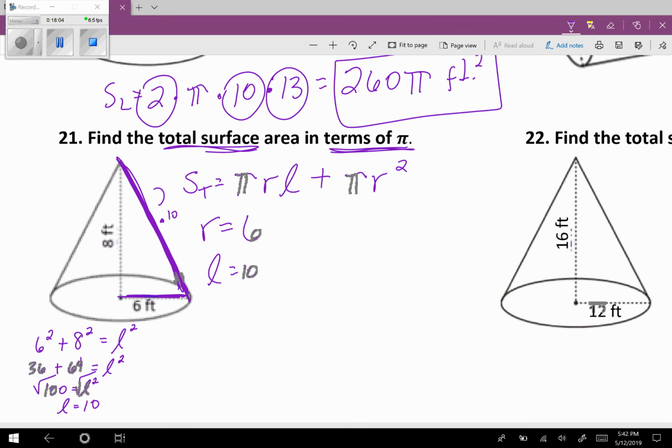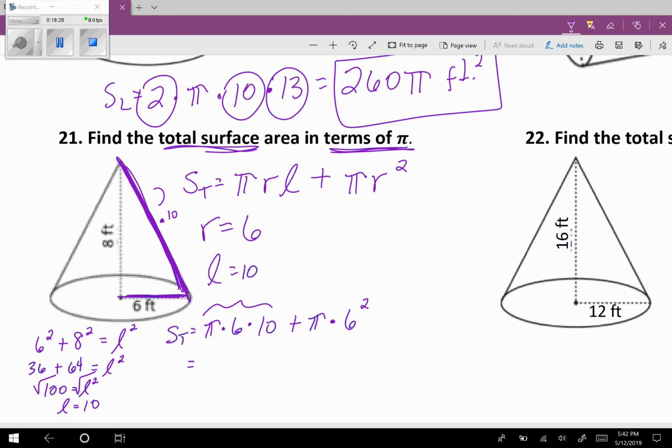So now all we have to do is plug it in. Total surface area is pi times r, which is 6, times L, which is 10, plus pi times 6 squared. Okay, and we have to do this in terms of pi.